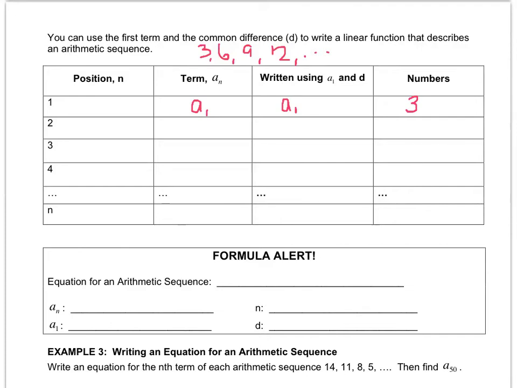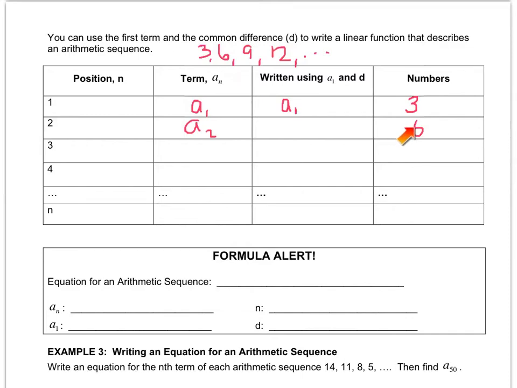The number in position 2 is A sub 2. And the number is 6. So my question for you is, how do you write 6 by looking at the first term? Like 3 plus what is 6? So that's 3 plus 3.